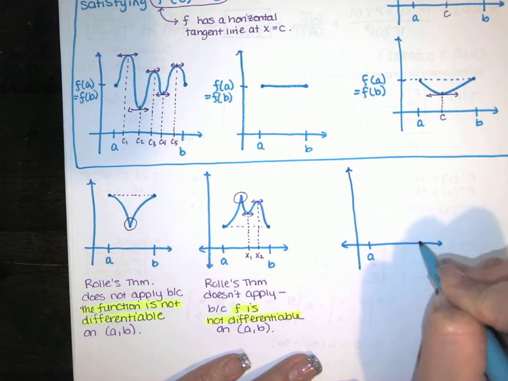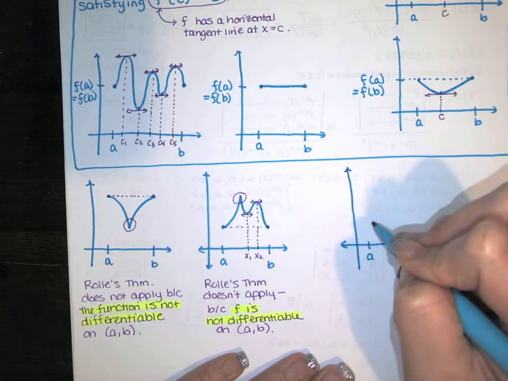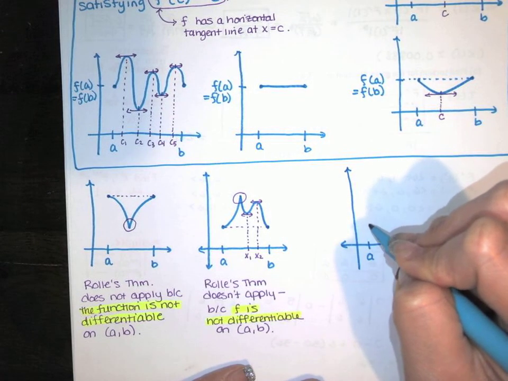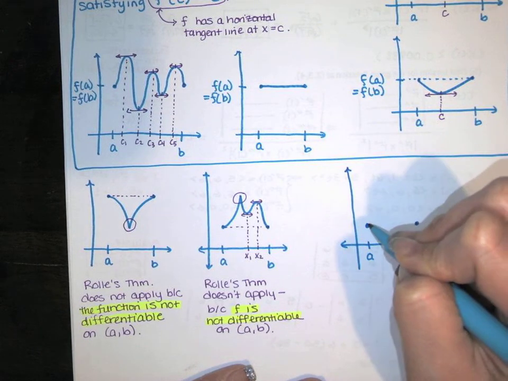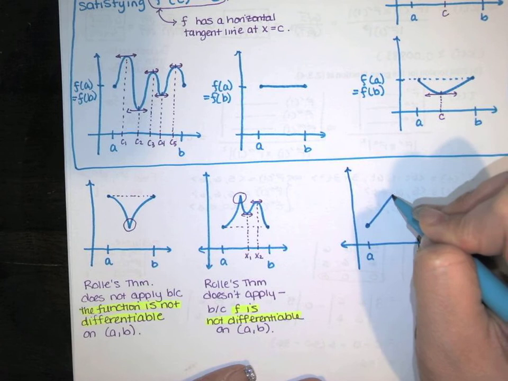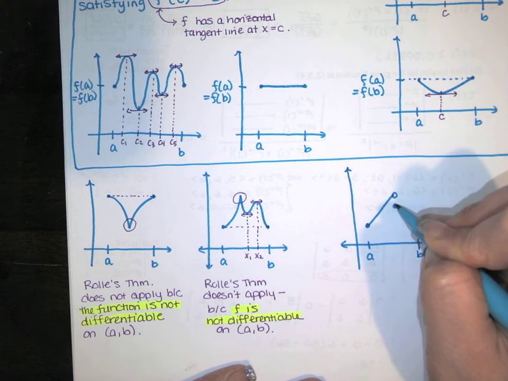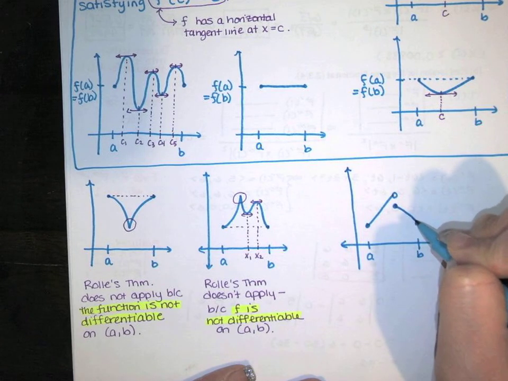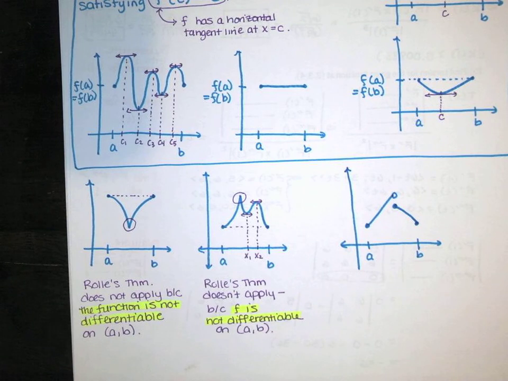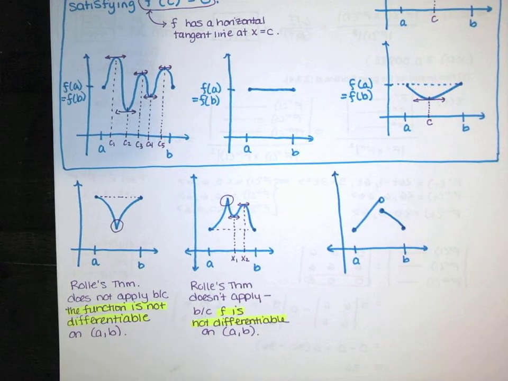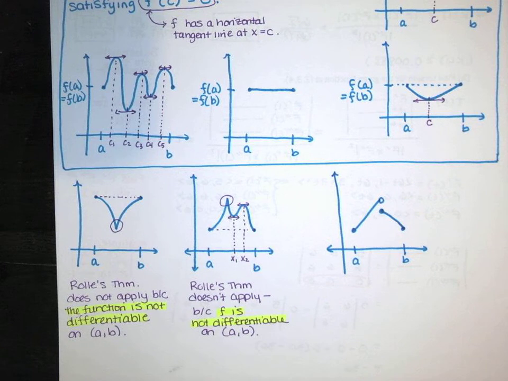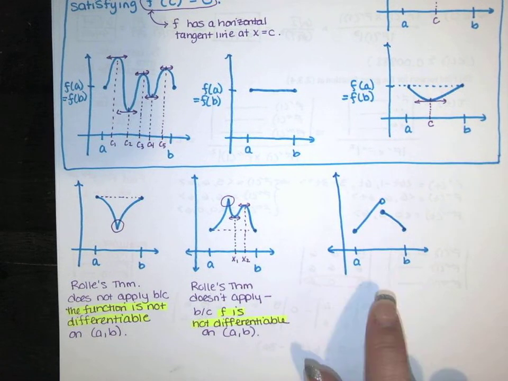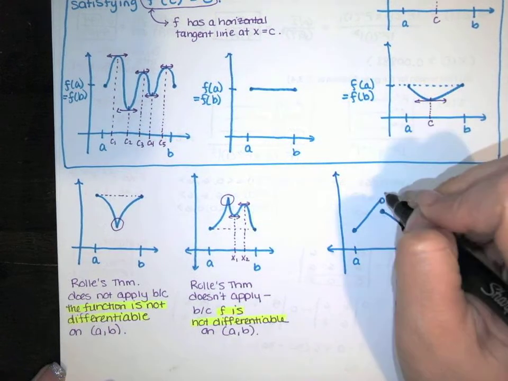Maybe we're on the interval from a to b, and maybe the graph looks like this. The function is well defined on the interval from a to b. The derivatives exist over here and here, but two things.